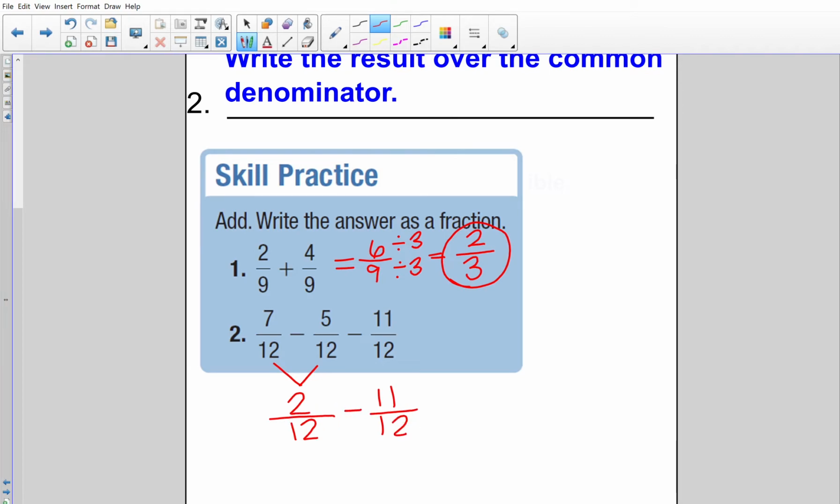If I do 2 minus 11, that's definitely going to give me a negative, right? So I have a negative 9 over 12. At this point, I look at my 9/12, and I can still reduce it by a factor of 3. So I end up with a negative 3 over 4 as my final solution. Okay?